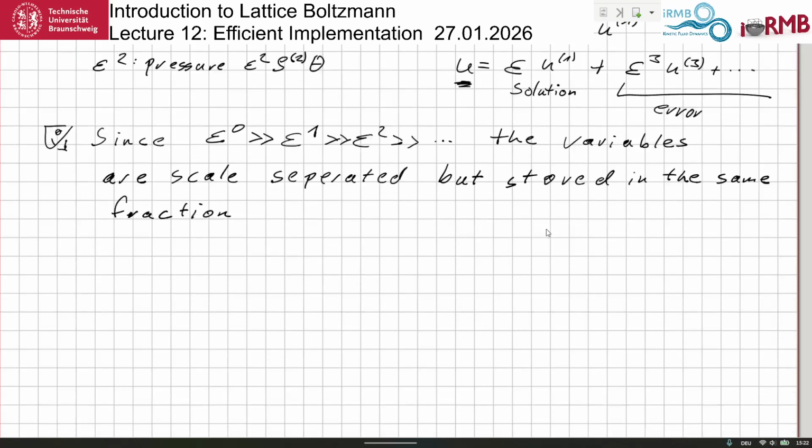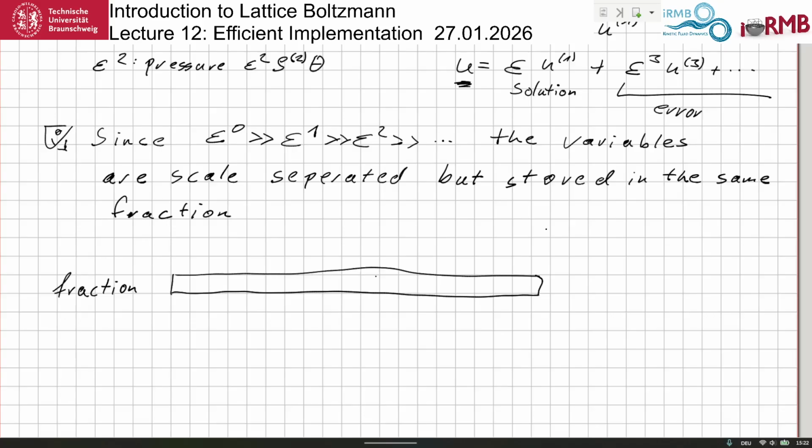So now comes my cartoon. Say, here's my fraction, and I just cartoonishly write this as a vector here. And now there's big endian and little endian. I will now say this here is my most significant bit, and this here is my least significant bit.